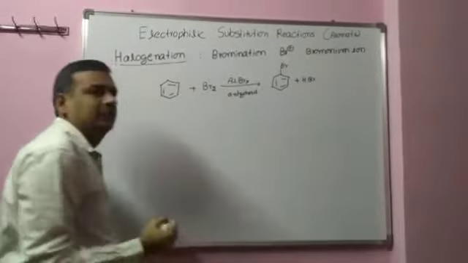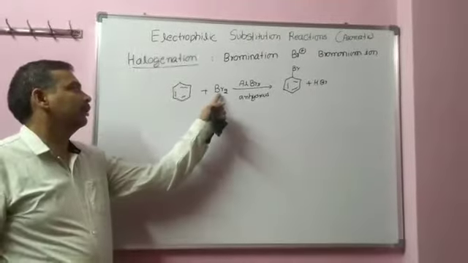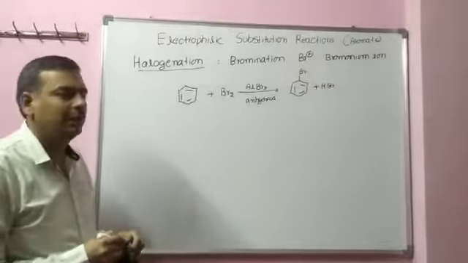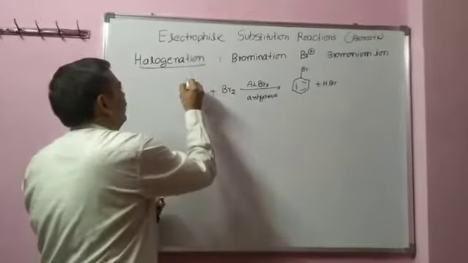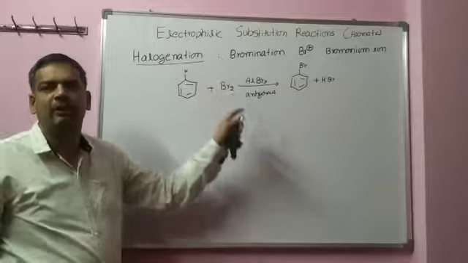Right, so it's an electrophilic substitution reaction. What is happening? Br+ is the electrophile, one electrophile substituting the other. One electrophile is coming inside, the other is going outside.